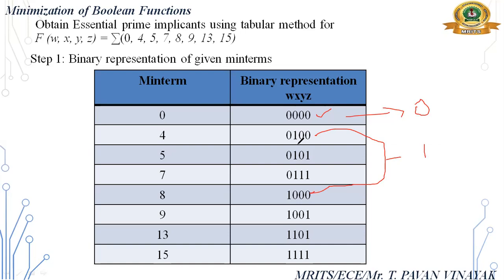Two ones are available at 5 and 9, so it is index 2, right? Next 7 and 13 have three ones. Next, 15 has four ones. So rearrange this table like this.